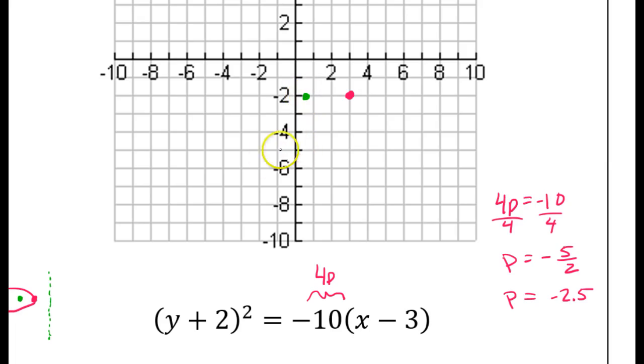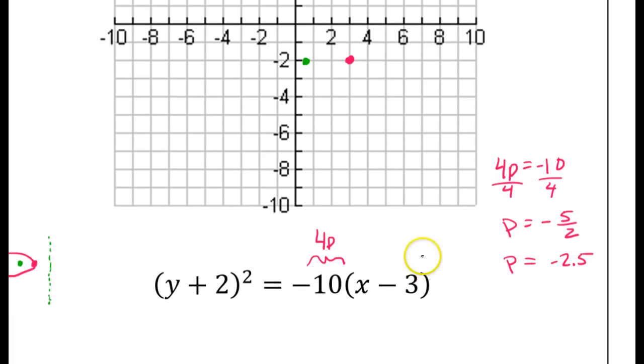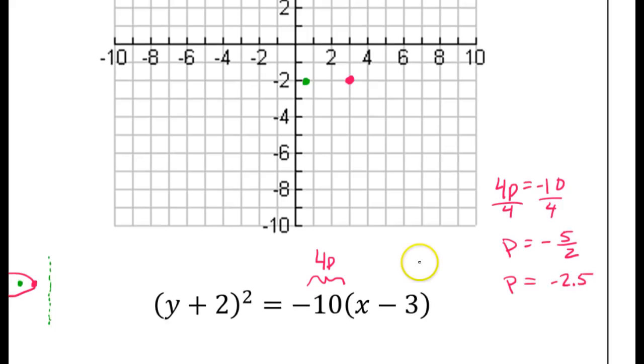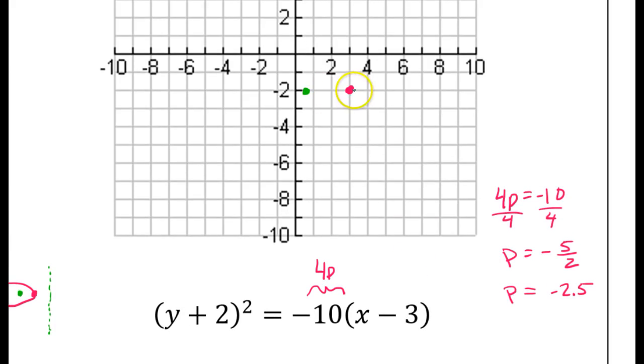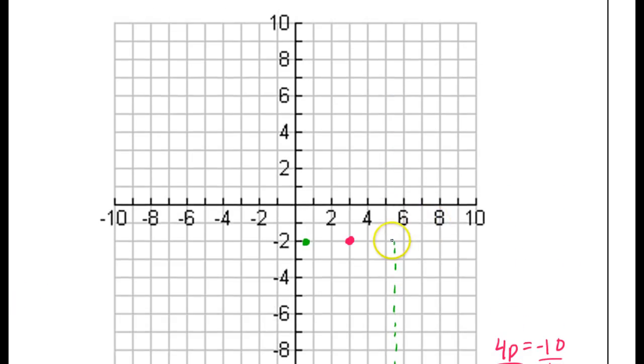Okay, so my focus is going to be right here. The directrix should be in the opposite direction, the same amount. So if I go to the right 2.5, then my directrix should be right here. So draw that as a dotted line.